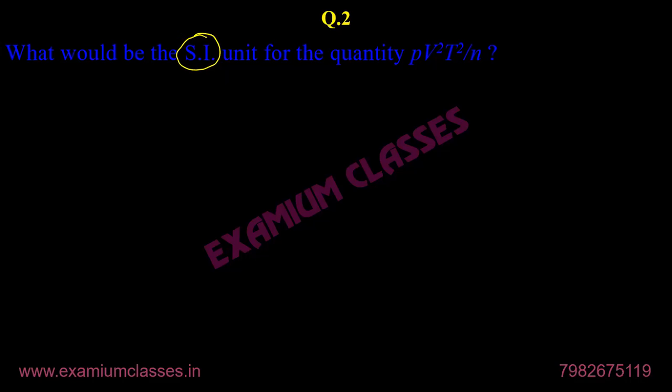For example, pressure is force divided by area, Newton per meter square, so Newton meter inverse 2. Volume, meter cube. Temperature, K, so here K square. Divided by N, that is the tricky part. N is mole, so you will say mole.